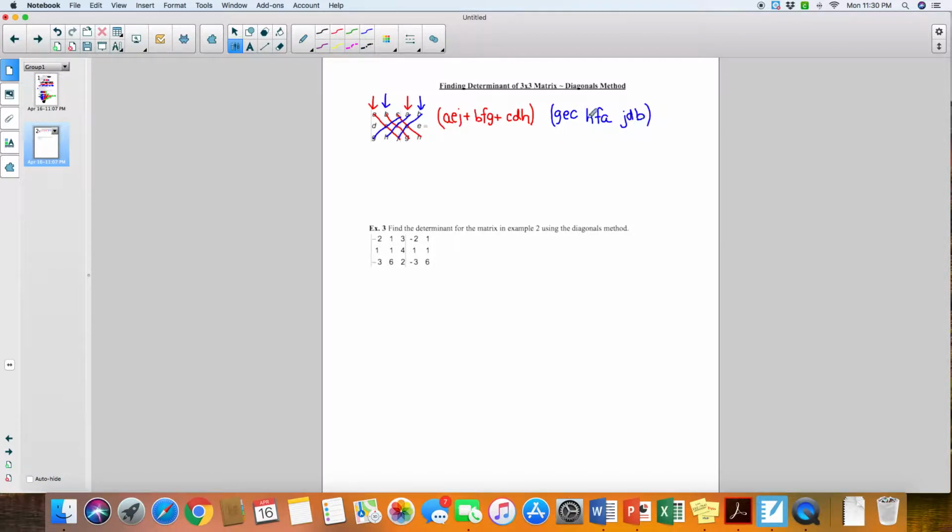Once I get those products, I would find the sum of those three and add it together.